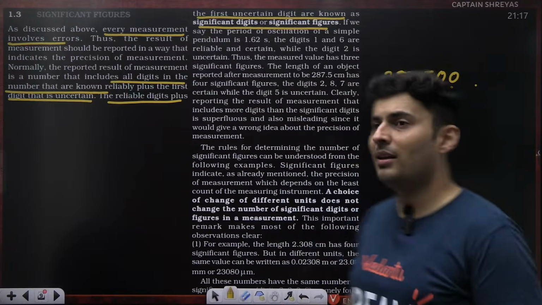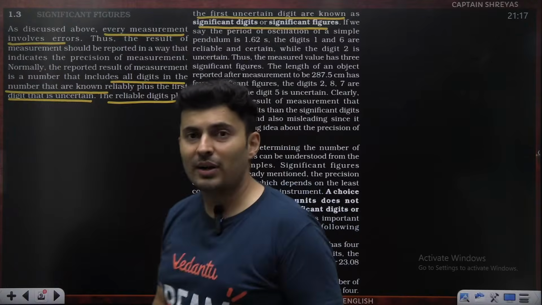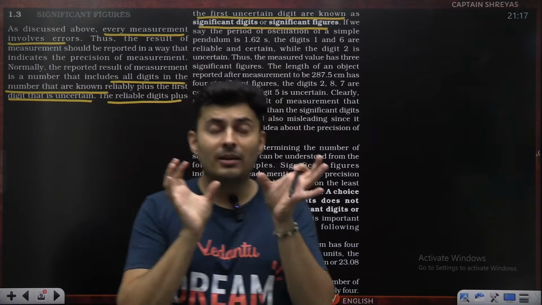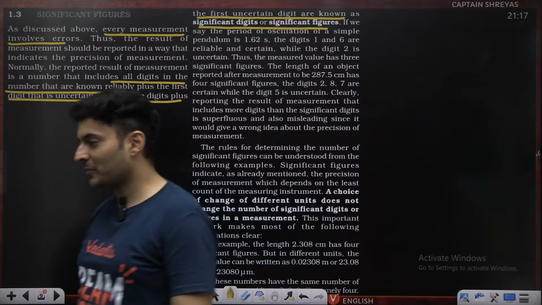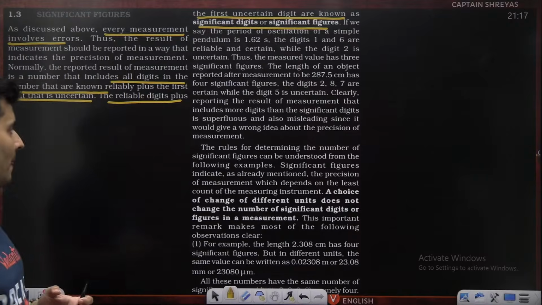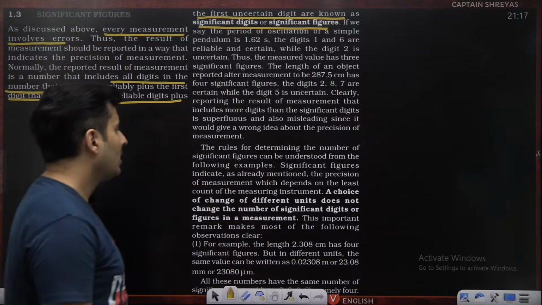So you should be careful when you are putting these zeros, and that's why you will see most of the rules for finding significant figures involve the placement of those zeros, because the placement of that zero matters a lot. So those rules are what we are going to see now.